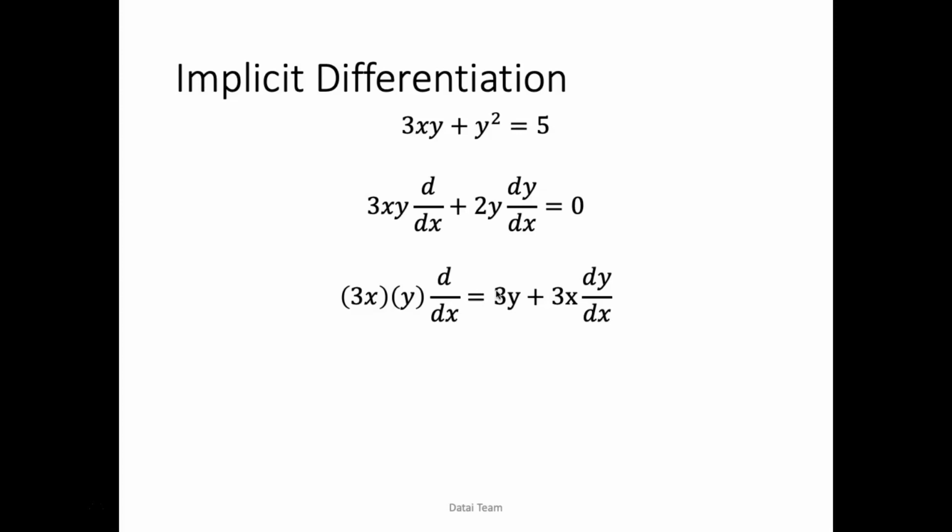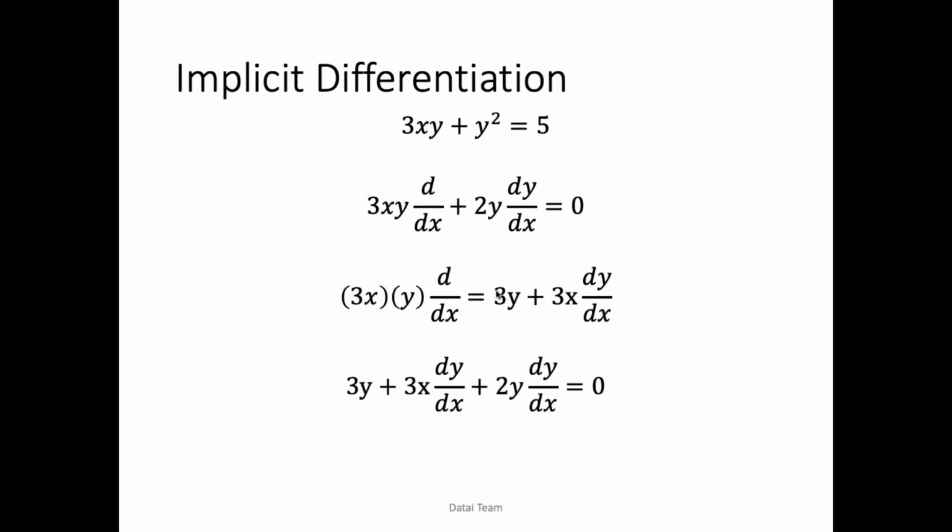When we differentiate y, we get dy dx. And when we differentiate x, we just get 3. So 3 times y. So we get 3y plus 3x dy dx as the differential of the first part, 3xy.